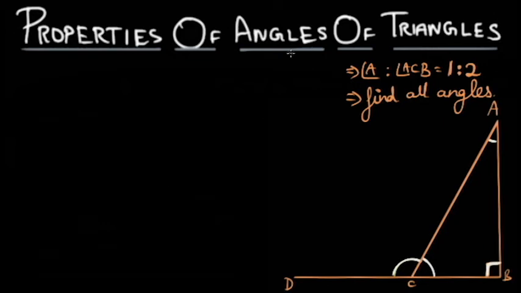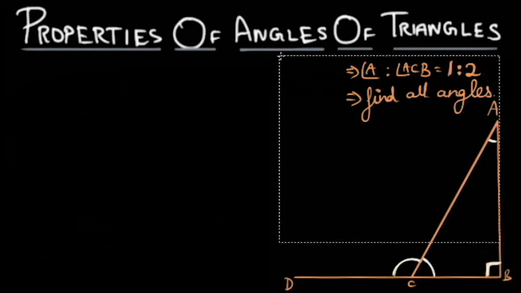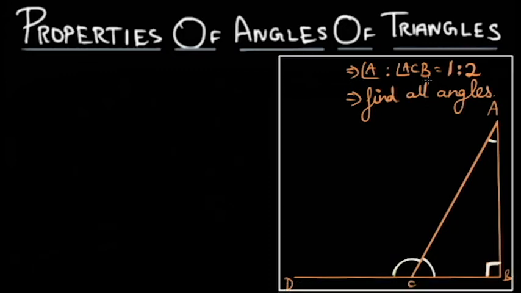Now we're going to do some questions about the same property we have learned. This here is a question. This says that the ratio between the angle A and angle ACB is 1:2.